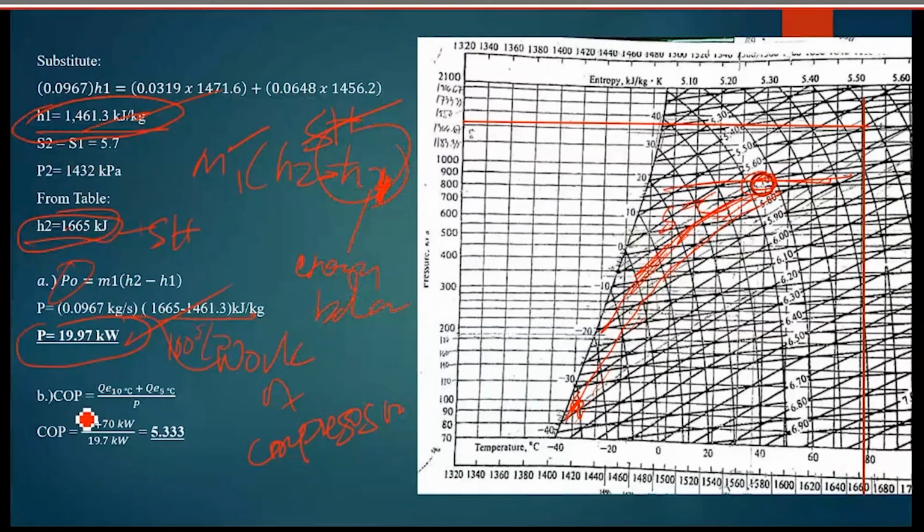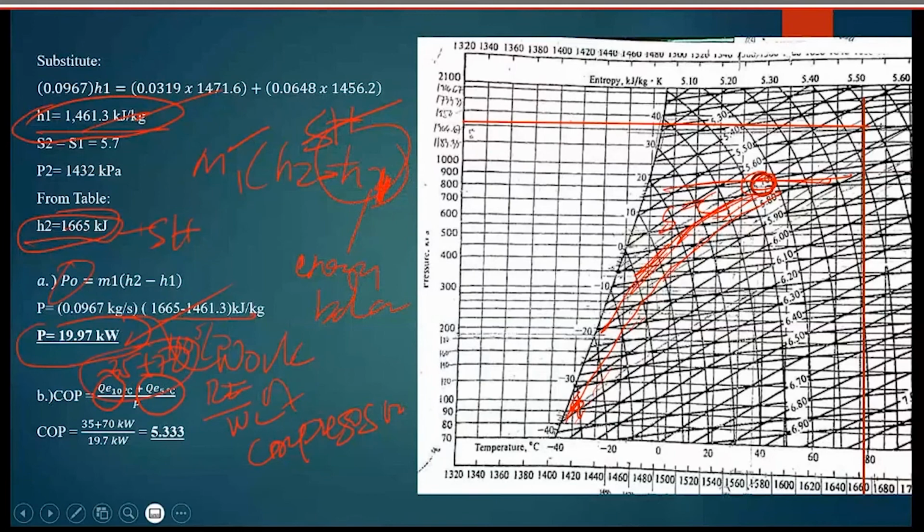So COP, coefficient of performance, is only the refrigerating effect divided by the power or work of compression. So what are the refrigerating effects? We have two, evaporator 1 and evaporator 2. We have 35 kilowatts plus 70.